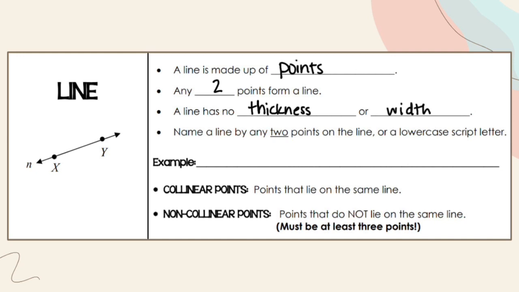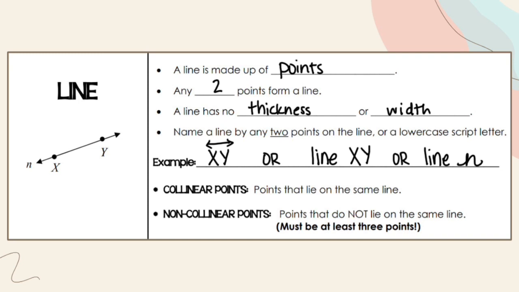You name a line using any 2 points on the line or a lowercase script letter. An example for this would be you could write XY and draw a line on top, or you could call it line XY, or you could call it line N, and it needs to be a cursive or script N.